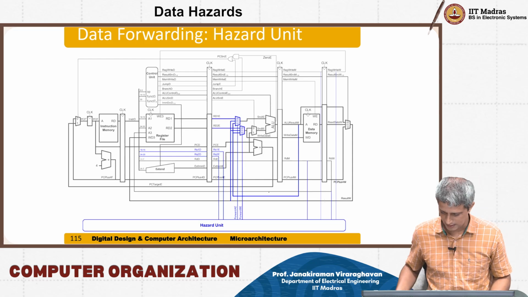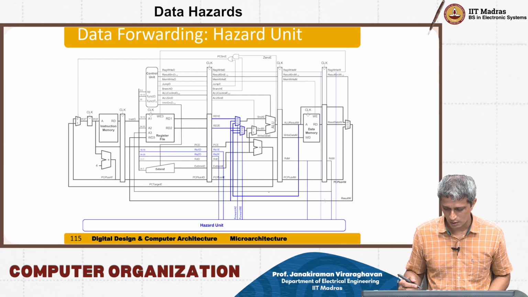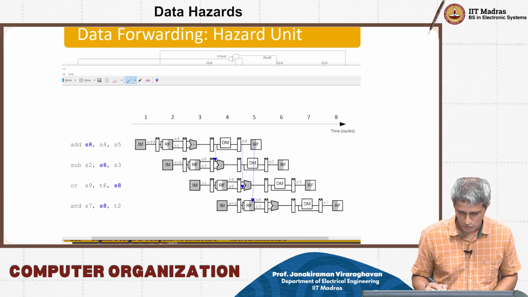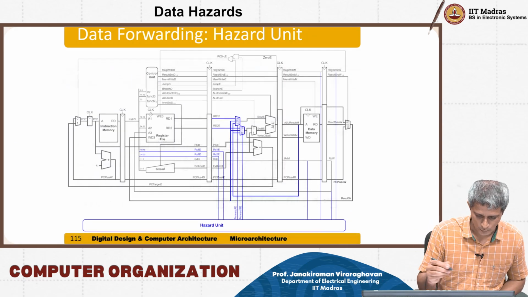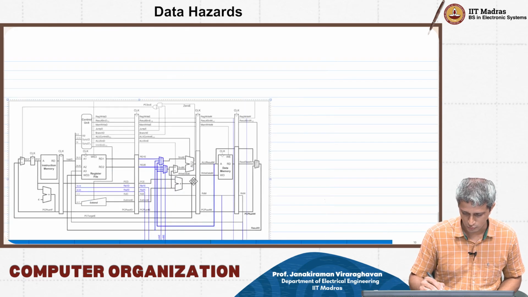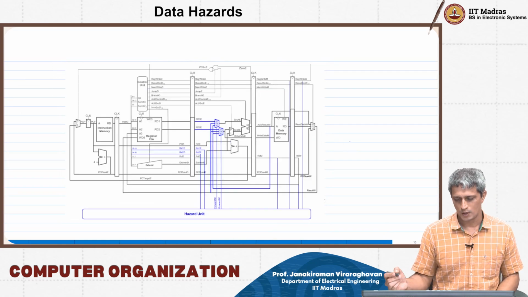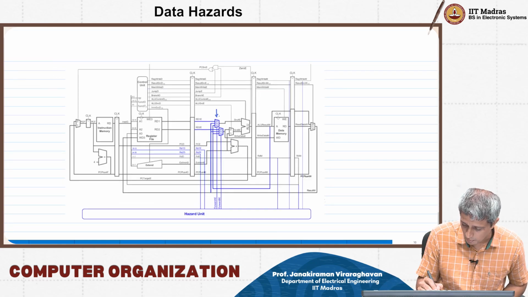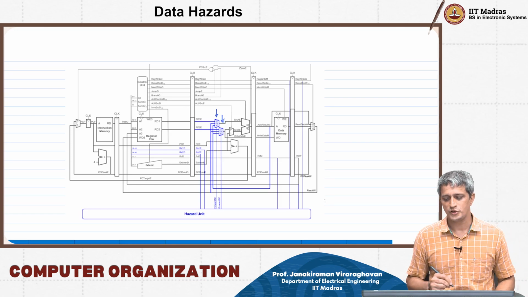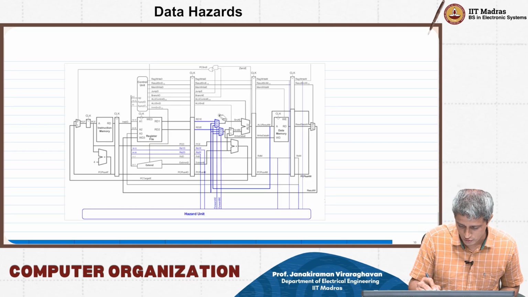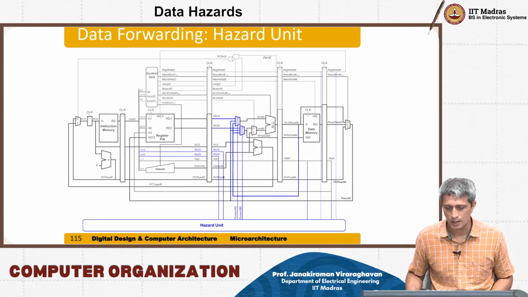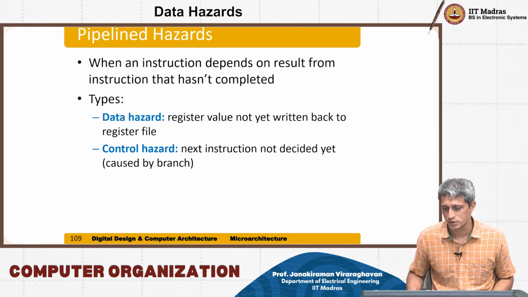So again, let's get this picture back there so that we can annotate. Let me just reduce this a little bit. Yeah, here we are. What we have done is, we have added these multiplexers in blue here, which are going to allow you to choose the register sources for the ALU.